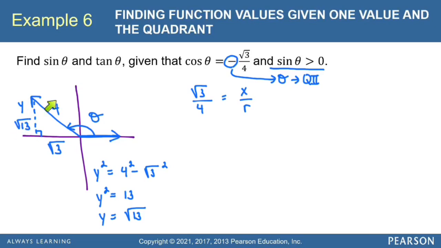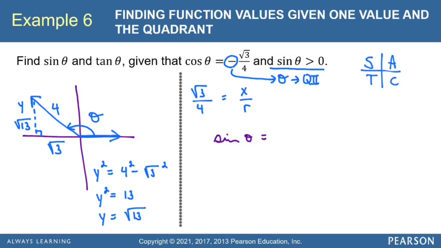And now we have all the information we need to find the sine of theta and the tangent of theta. So, of course, we want to remember our ASTC, so I'm going to write that over here so we can see it and think about it. We know that we have a quadrant 2 angle, so we know that only the sine function and its reciprocal can be positive.